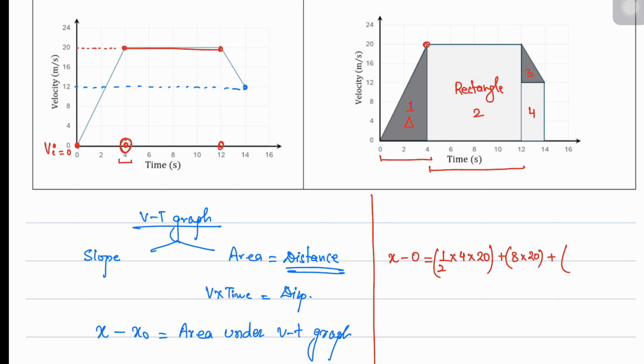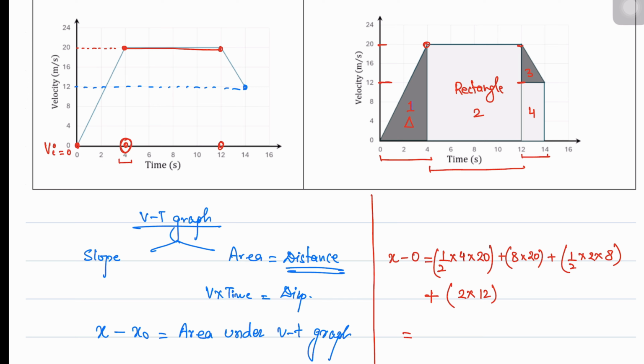Plus third part, triangle, half times base. What is the base? Base is 2. What is the height from here to here? This is your 12 to 20, so height is 8. Plus, bracket, last is rectangle, 2 multiply. What is the height? 12.